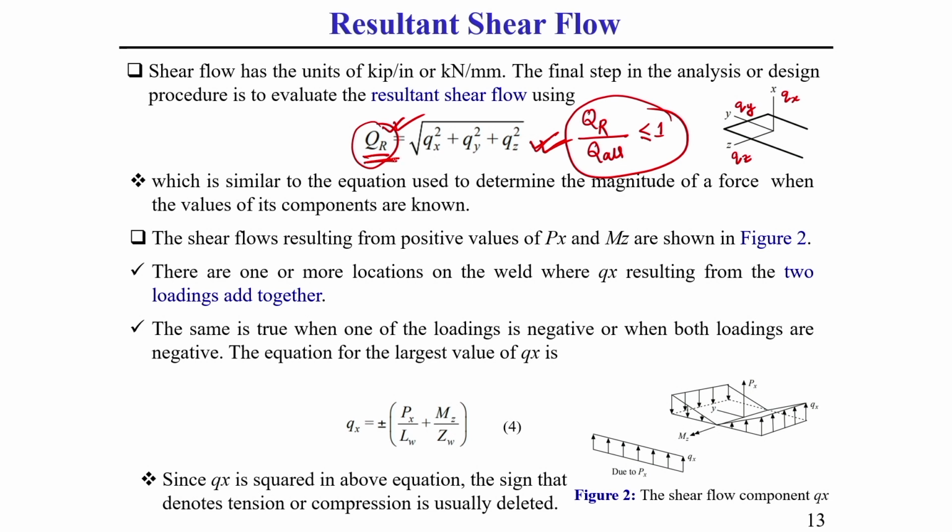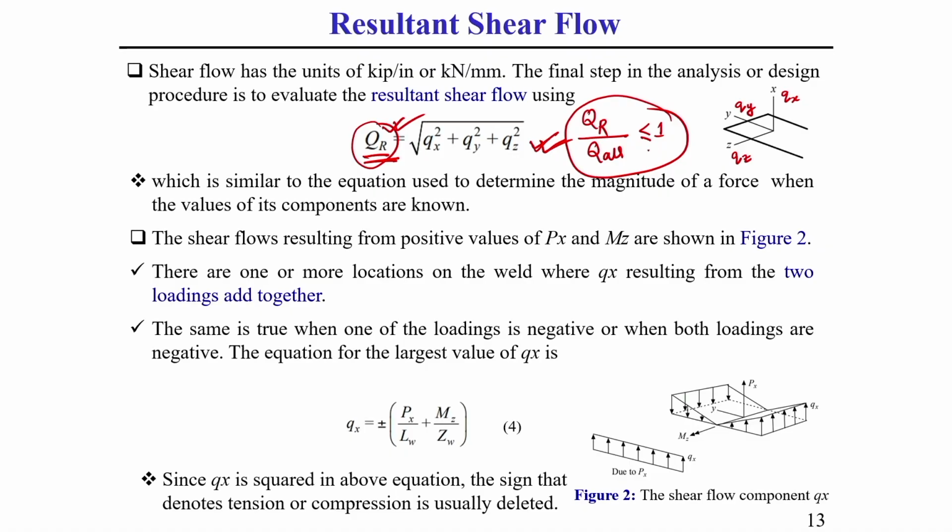At the maximum stress location, whatever shear flow value we get, we compare it to check whether it exceeds the allowable shear flow or not. The allowable shear flow for different types of weld I have already shown in the previous slide.